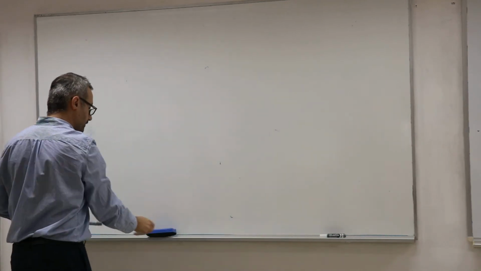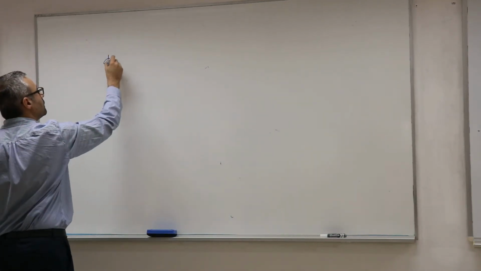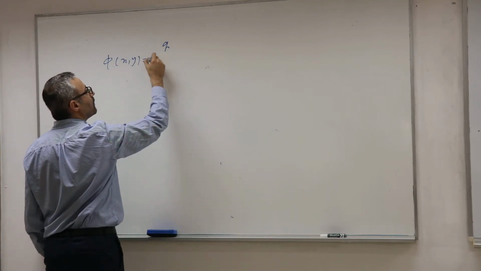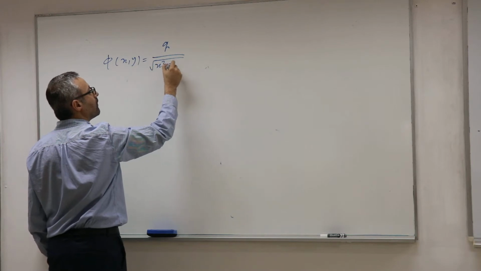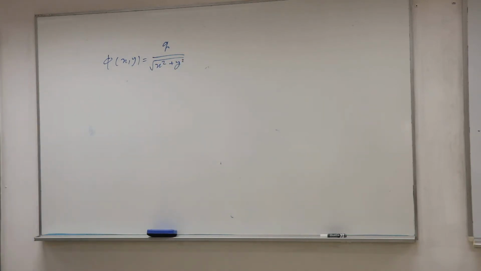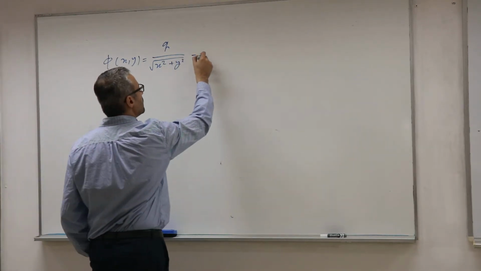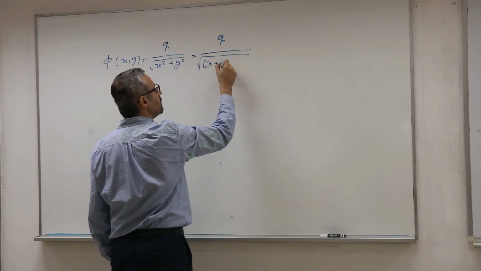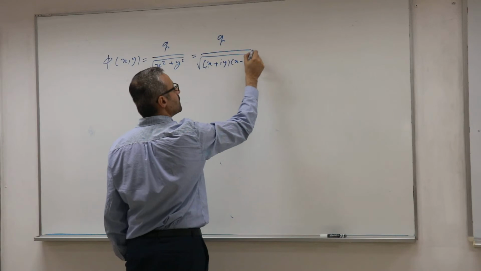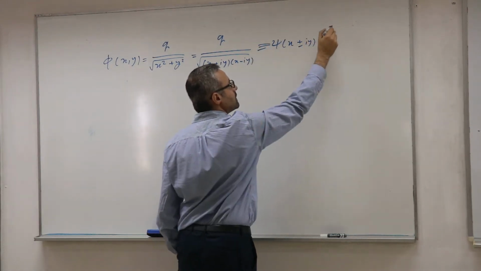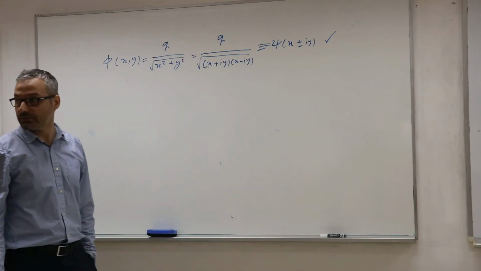For example, look at this function: Q over radical x squared plus y squared. This is a solution of Laplace. Do you know why? Because I can split this function into x plus iy and x minus iy. So that is a function of x plus or minus iy. So this is a general solution for the Laplace equation.